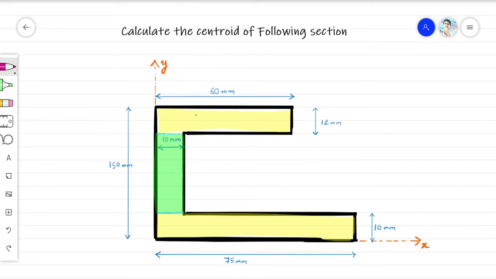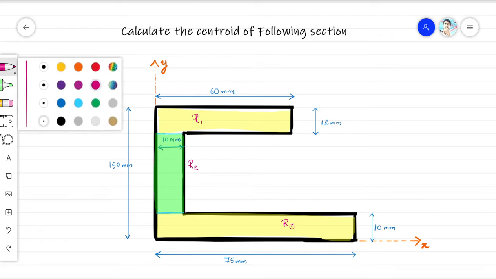Okay, so we now have one rectangle, let me call it R1. We have the second rectangle, let me call it R2, and a third rectangle, let me call it R3. Each rectangle has its own center of gravity.